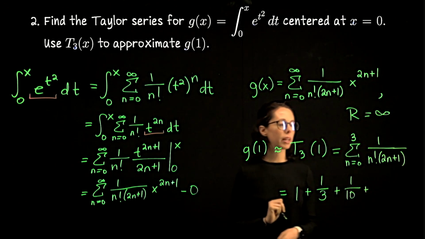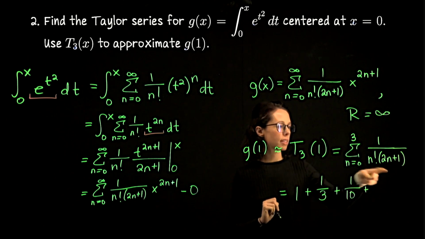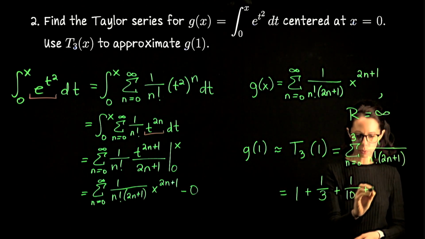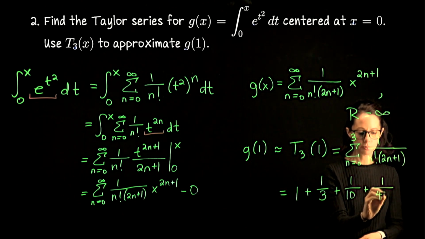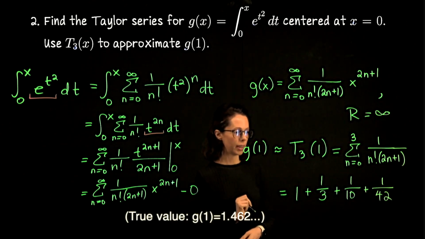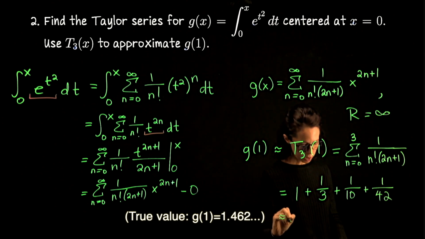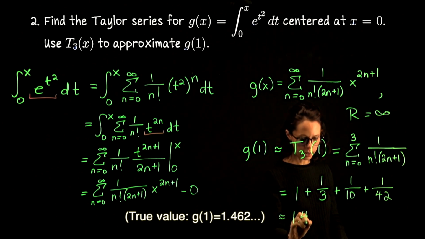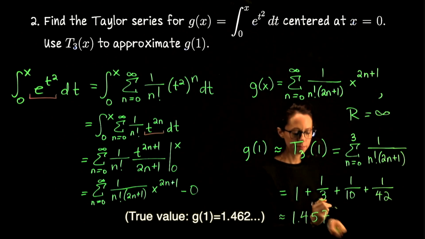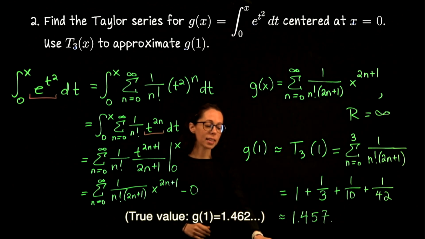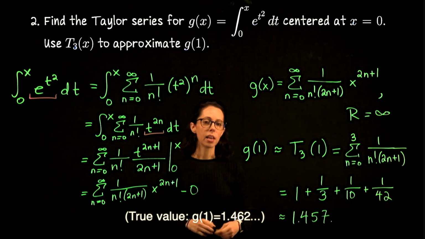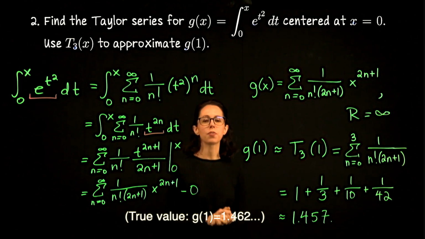And then finally, plug in n equals 3, we get 7 times 3 factorial, so that's going to be 1 over 6 times 7, which is 42. All right. If you add those up, I did it in my notes, this is approximately 1.457. Okay, so that's an example of using a Taylor series to approximate the value of a function, which is very hard to work with.